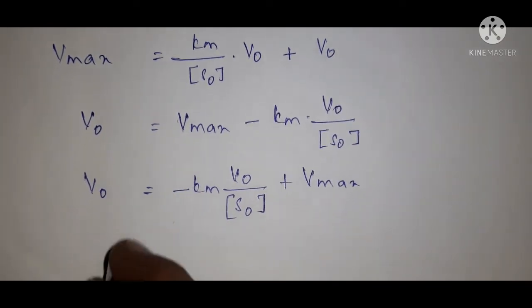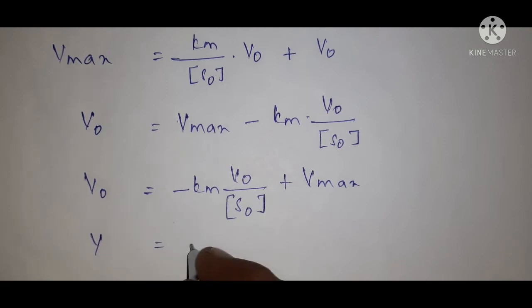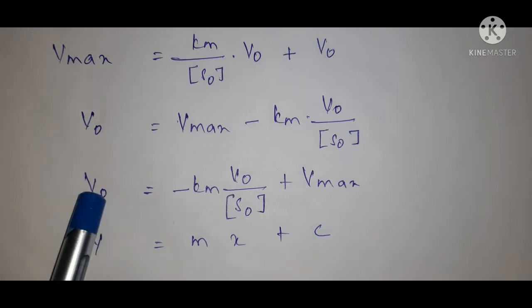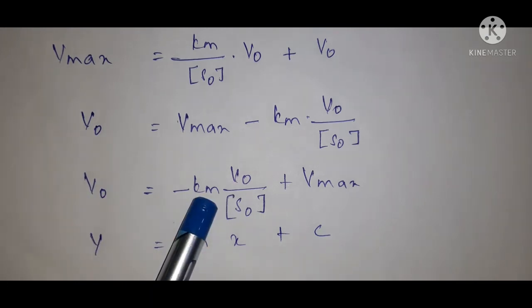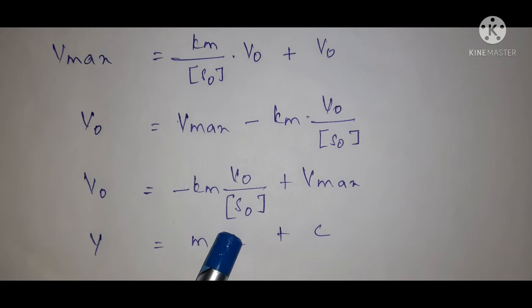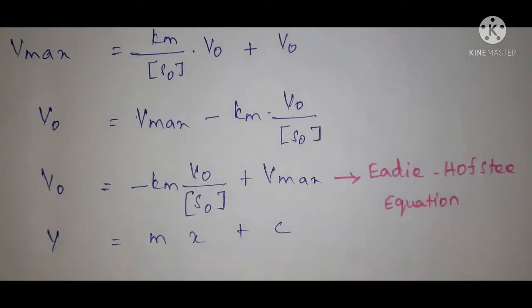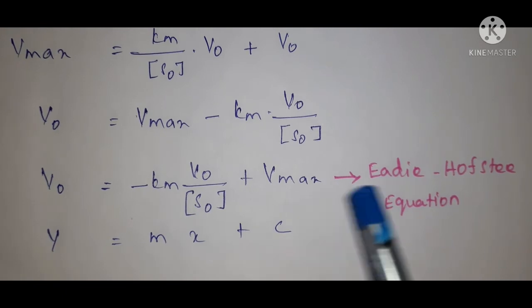So it is in the form of y is equal to mx plus c. Here y is V naught, m is slope, that is minus Km, your x-axis is V naught divided by S naught, and your intercept is V max. So this equation is known as the Eadie-Hofstee equation.